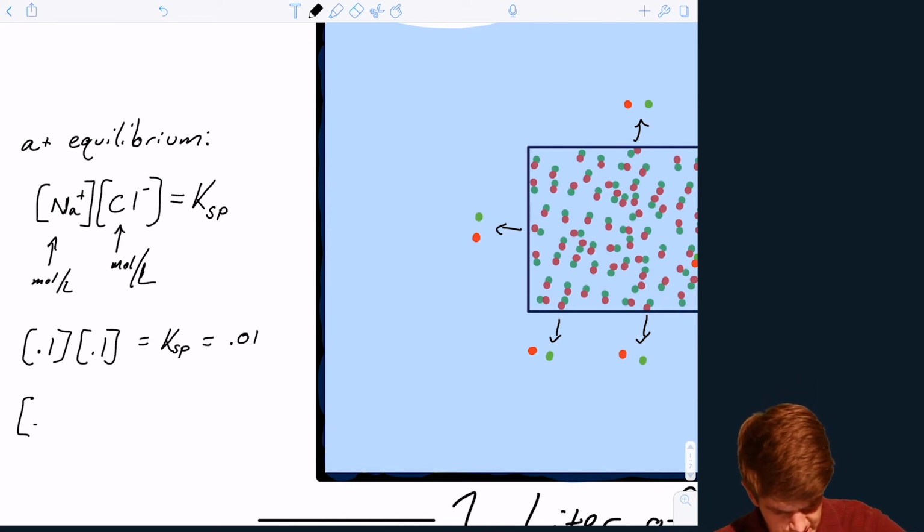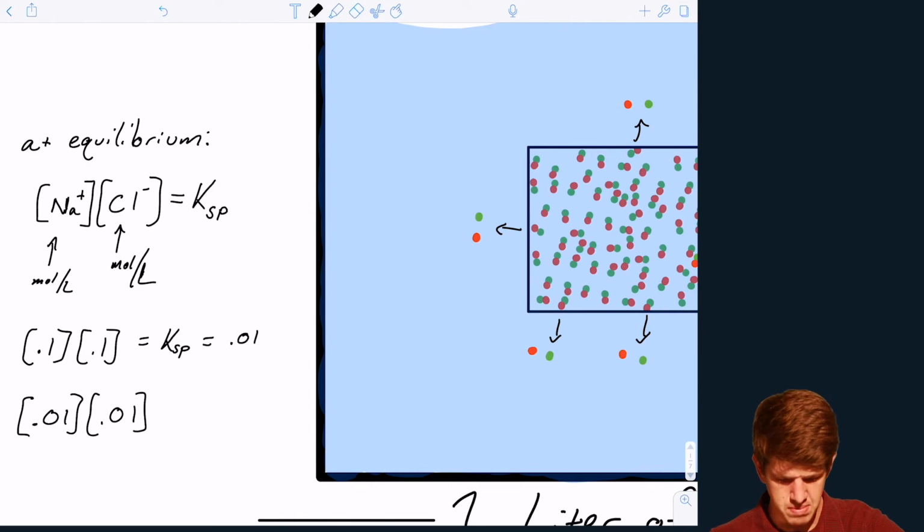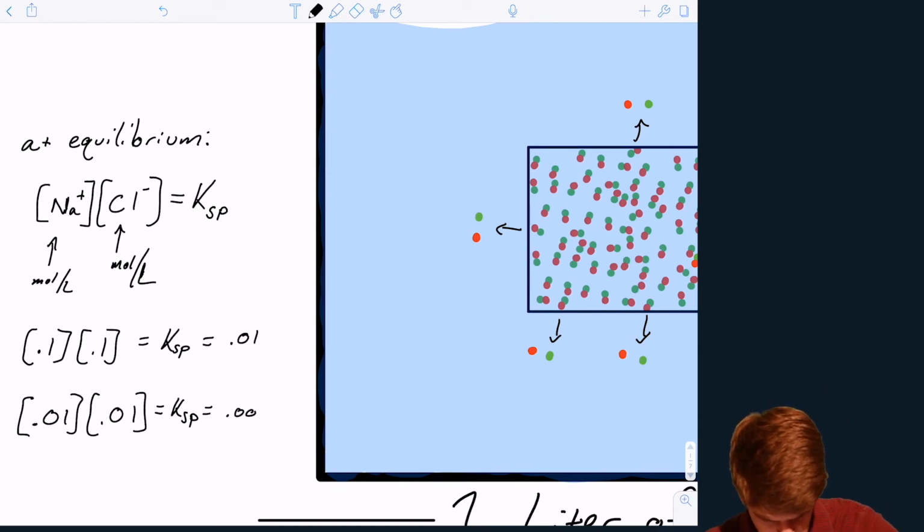So I can only have 0.01 moles per liter of the Na+ and 0.01 moles per liter of the Cl-. Well, in that case, my solubility product, or my Ksp value, is 0.0001. So at this point, what does that mean?